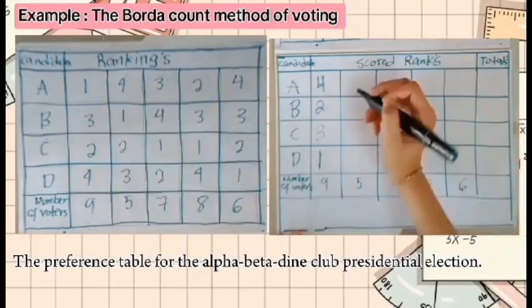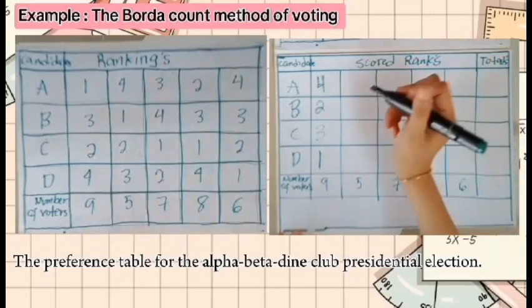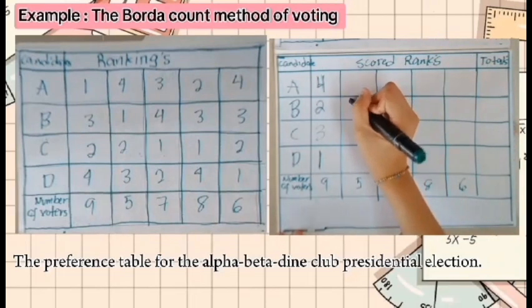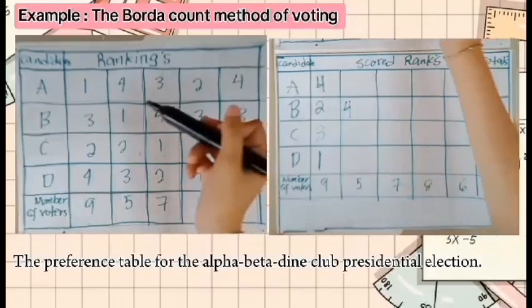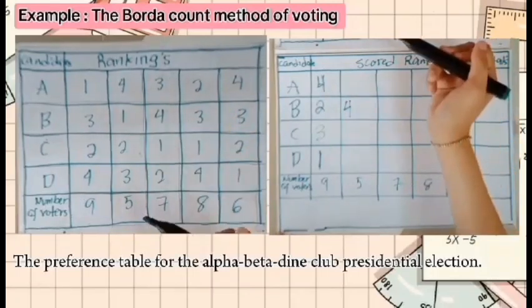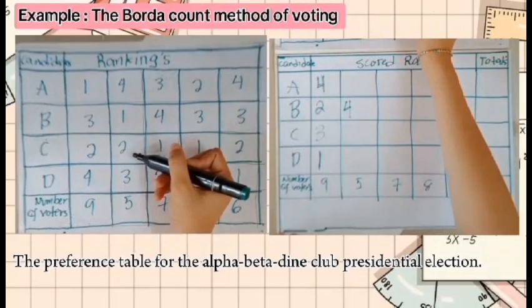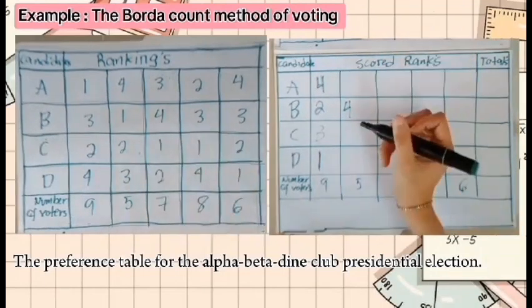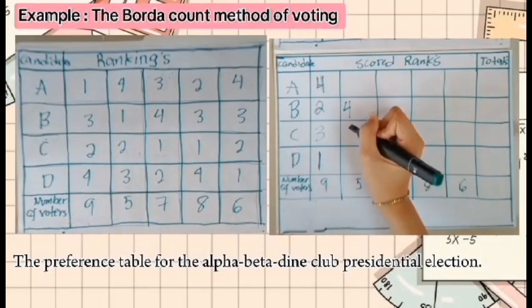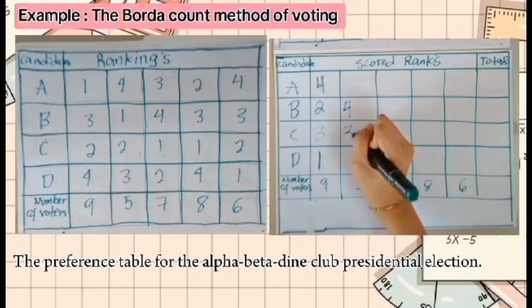So, dito naman sa side na to, si candidate B ang nakakuha ng rank 1. So, siya mabibigyan ng 4 points. Si candidate C naman ang nakakuha ng second place. So, siya mabibigyan natin ng 3 points.